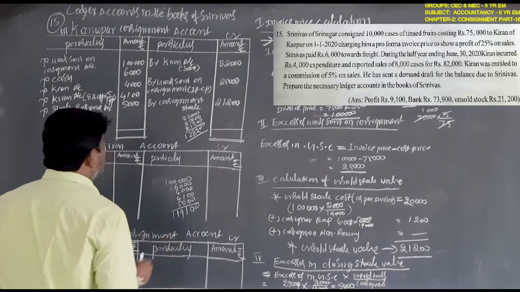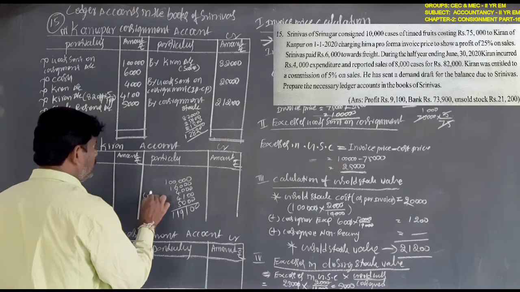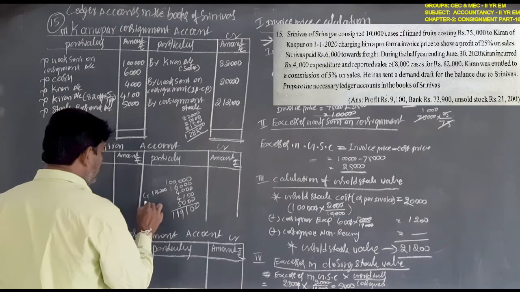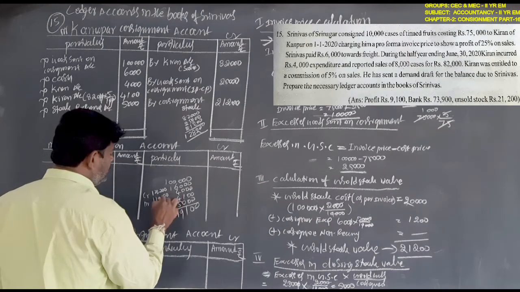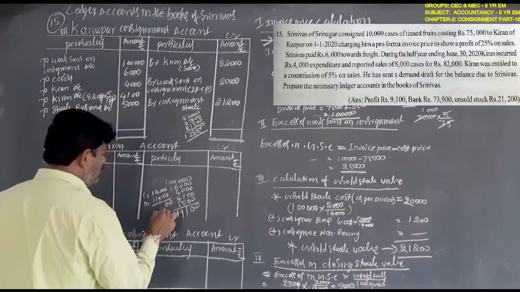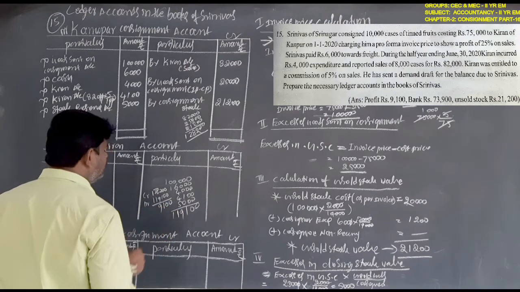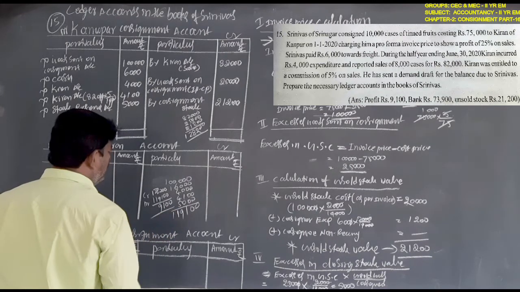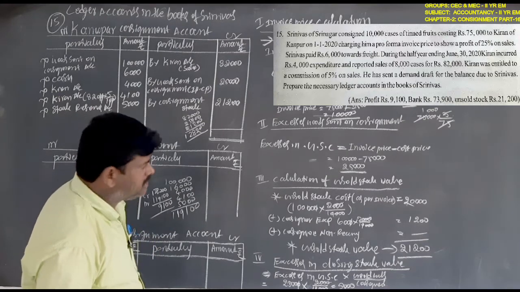So the difference between credit is 1,28,200, debit is 1,19,100 rupees. 1,28,200 minus 1,19,100, 9,100 rupees is profit.